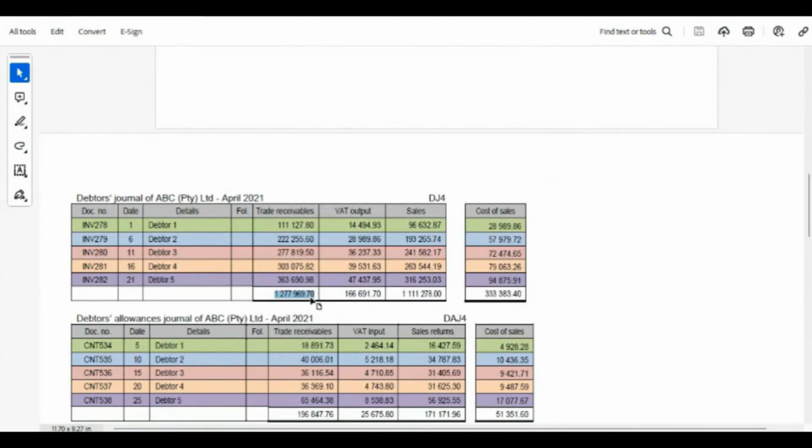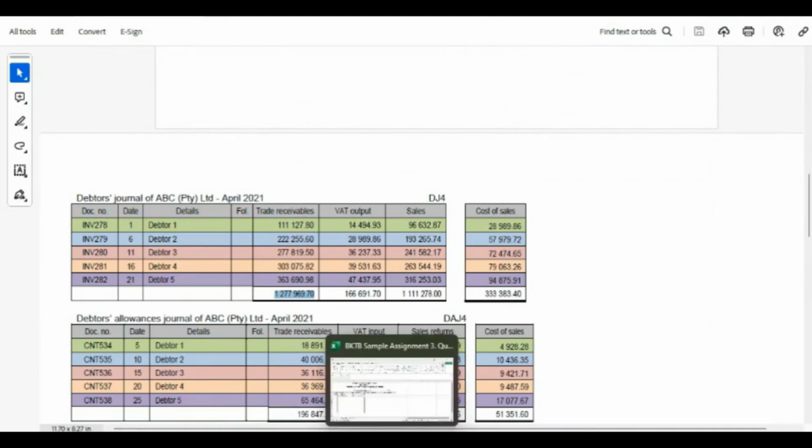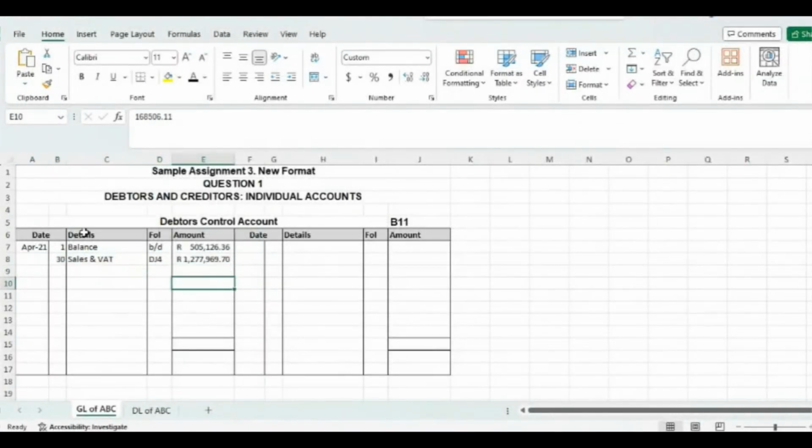Okay, and the trade receivables, the contra accounts for trade receivables is the VAT output and the sales. So therefore, here when I put down the details, it's always the details of the contra account that is required, and so therefore I put sales and VAT.